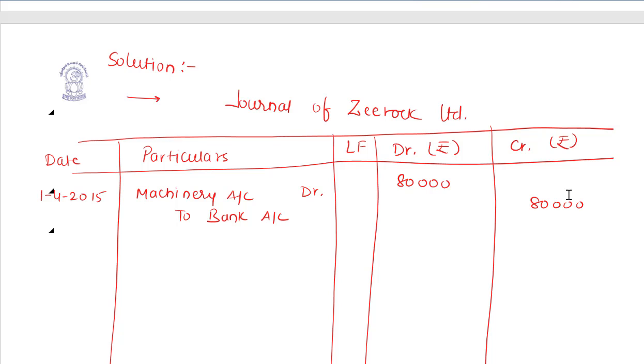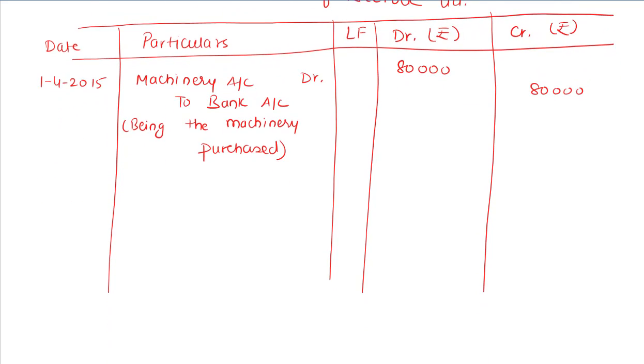I believe it is clear. Just write the narration: being the machinery purchased. I believe it is clear.